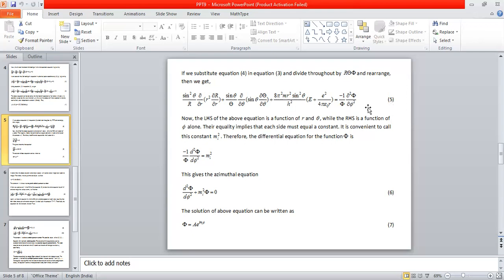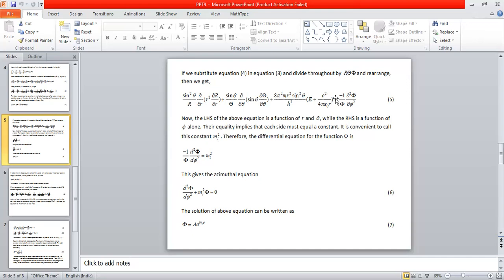This is possible only when each of these terms, the left hand side and the right hand side, is equal to a constant. Then only is equation 5 satisfied. Otherwise, equation 5 cannot be satisfied. So we are calling that constant ml square.